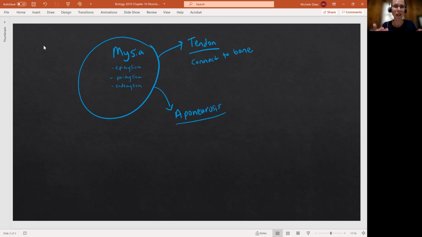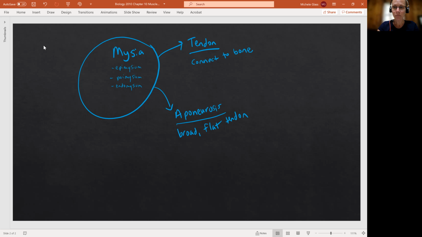So if the muscle's flat, like the frontalis muscle, then the tendon coming off of that would be flat as well. And so we talk about a broad, flat tendon as an aponeurosis. So the tendon becomes continuous with the mysia.